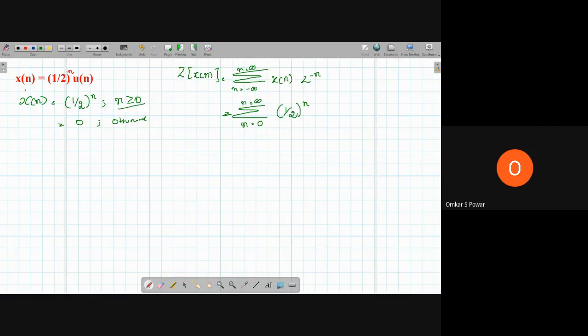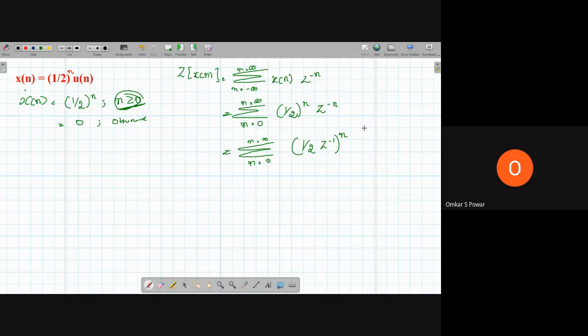Why from 0 to infinity? Because n is greater than or equal to 0, into z to the power of minus n. So how can we simplify this one further? Summation n varies from 0 to infinity, half into z to the power of minus 1, whole to the power of n. So this is similar to the formula summation n varies from 0 to infinity a power of n.